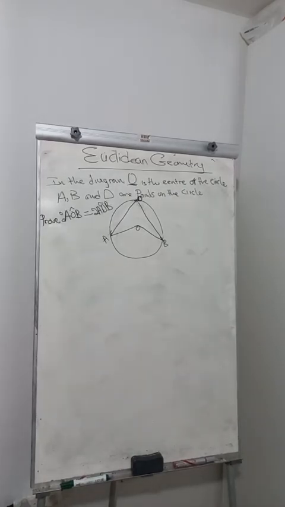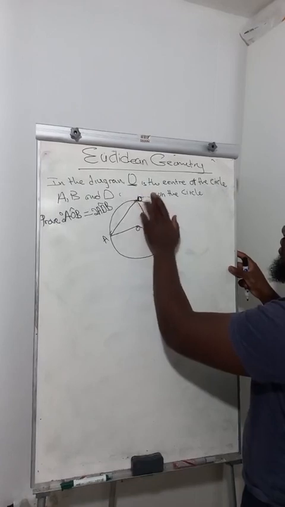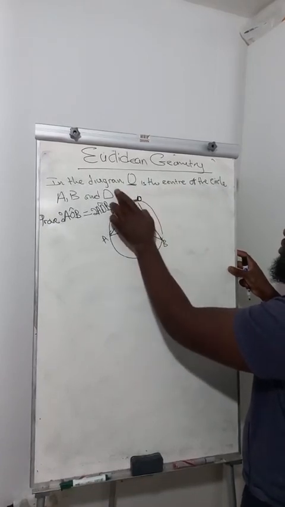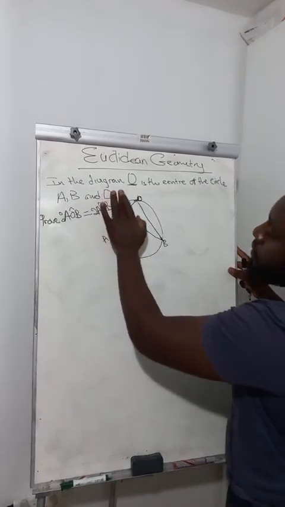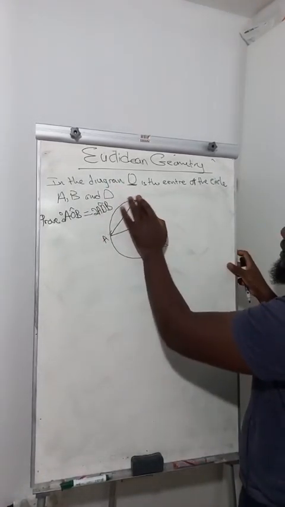So I would say that, let me try to rub here so that you can see the drawing. So here you are having a D here.